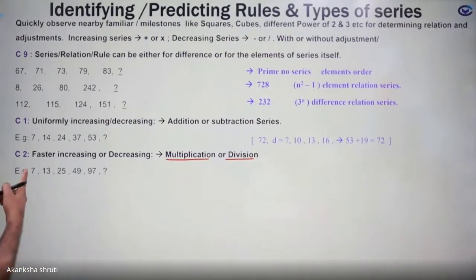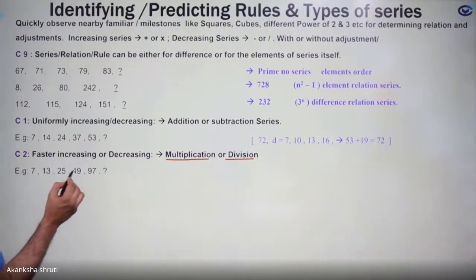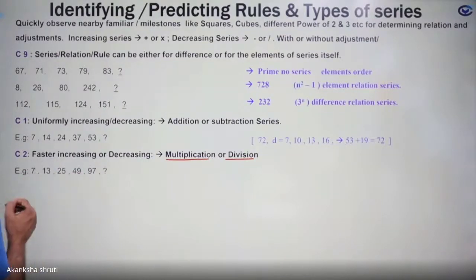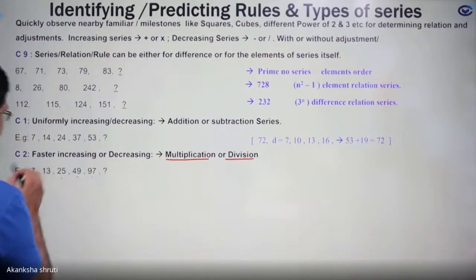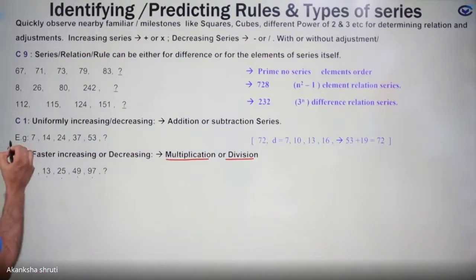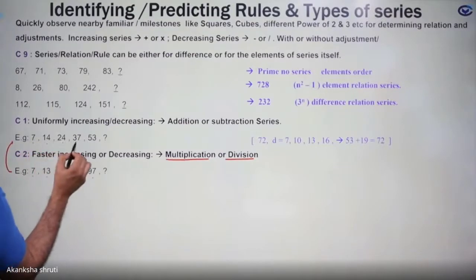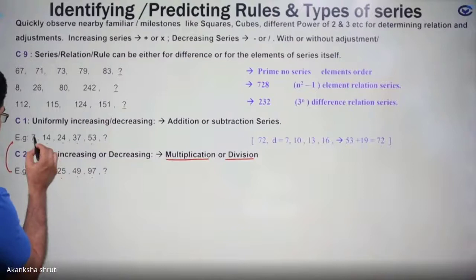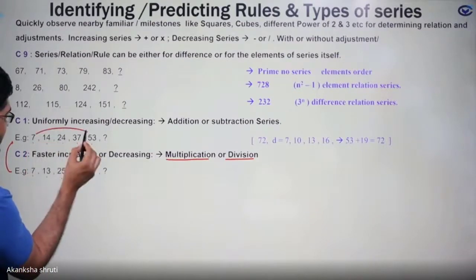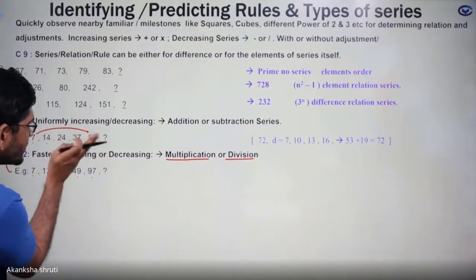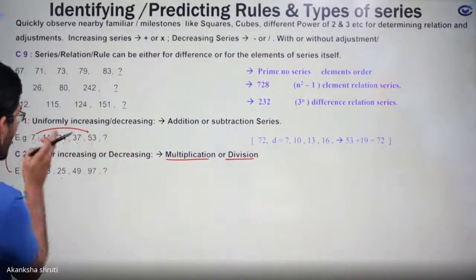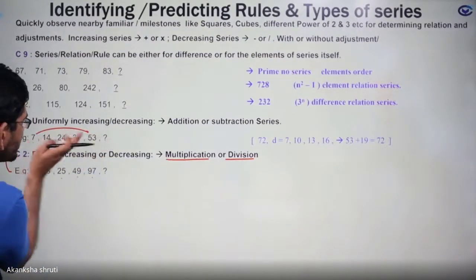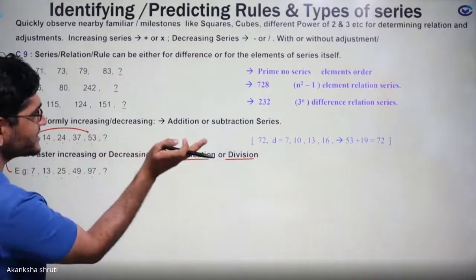Now we are observing 7, 13, 25, 49 and 97. How many terms are here? 1, 2, 3, 4, 5 terms. Compare it with the earlier question, which also had 5 terms. In that case, the increase was slow, and the variation was not that fast.